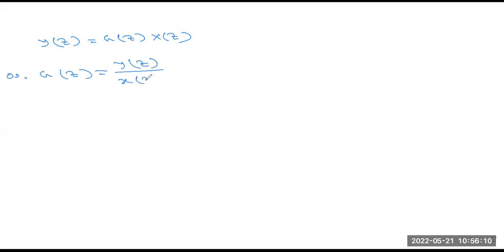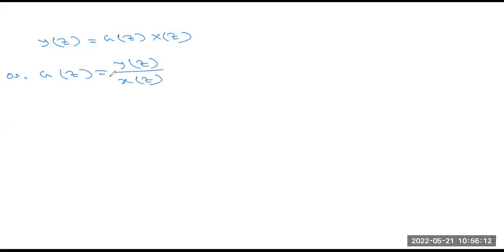Now we have to make this equation into the transfer function. First of all, Y of z is equal to G of z into X of z, so we have to write this equation as G of z equals Y of z by X of z.